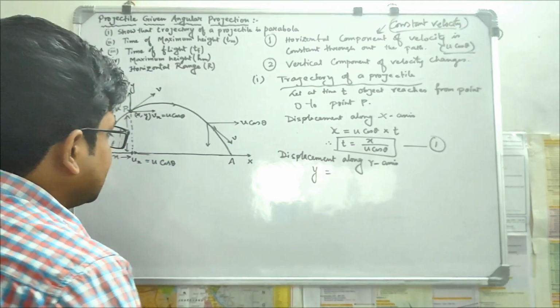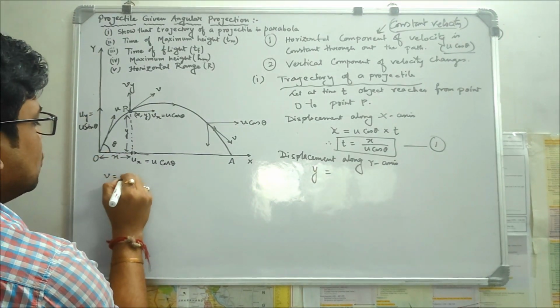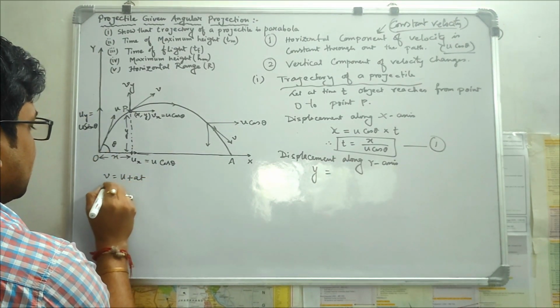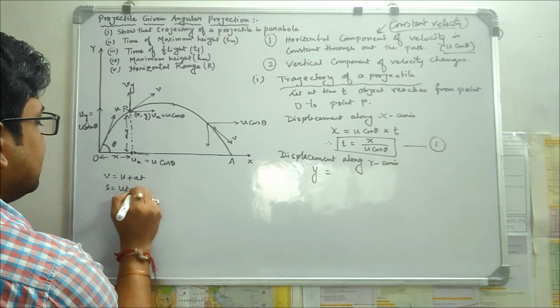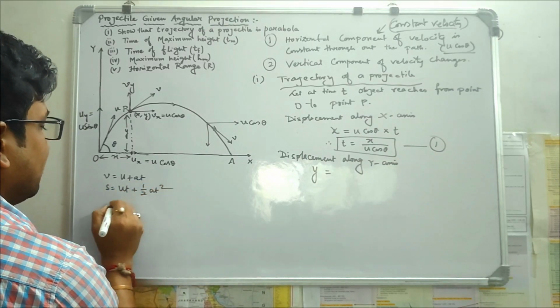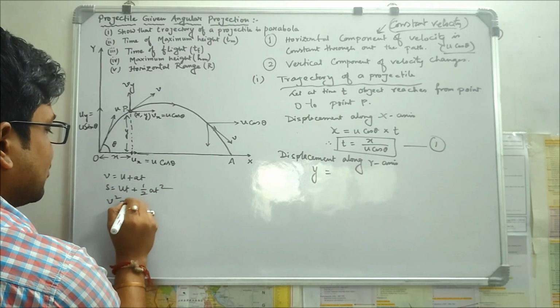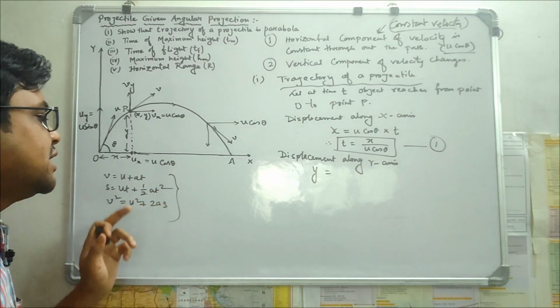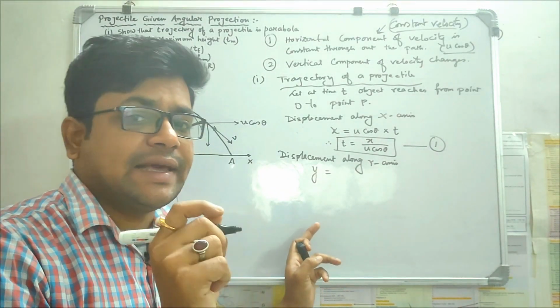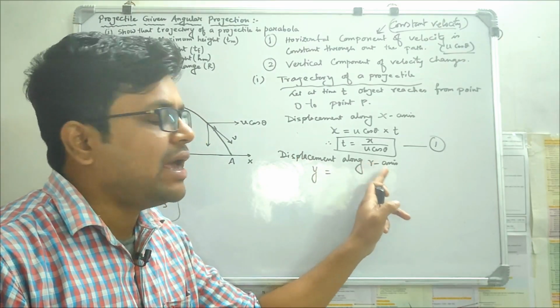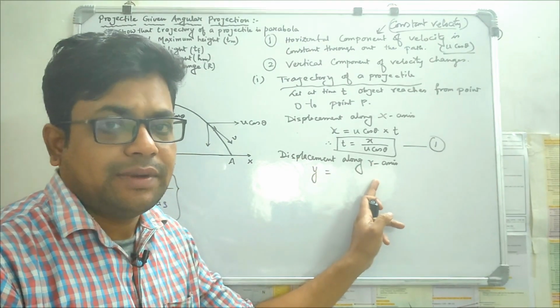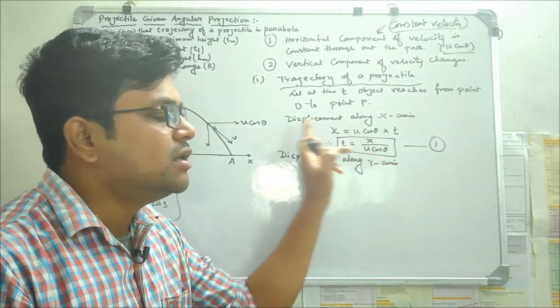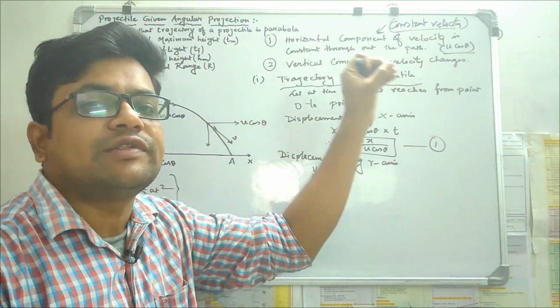There are three equations of motion, as you know. v equals u plus at, s equals ut plus half at square, and v square equals u square plus 2as. These three equations of motion are applicable only in the case of vertical, only in the case of the y-axis. Remember, along the x-axis it is not required because it is moving with a constant speed.